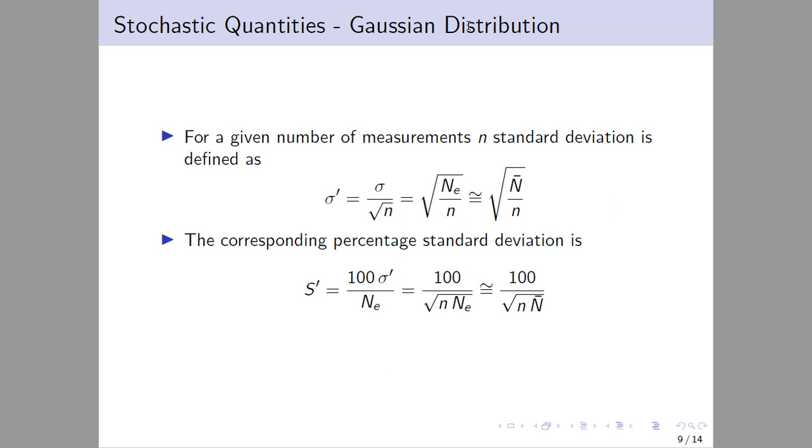For a given number of measurements, the standard deviation is defined as sigma prime equal to sigma over the square root of n, where n bar is the mean of counting: the number of radiations with this certain energy divided by the number of experiments, or the number of detections that we did.